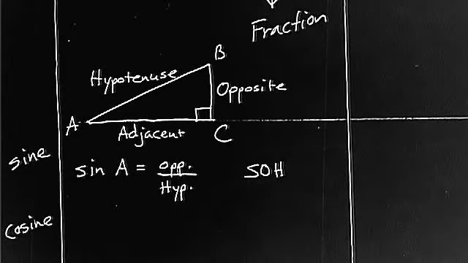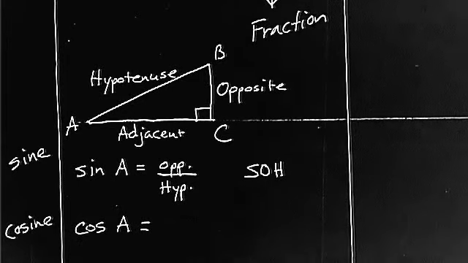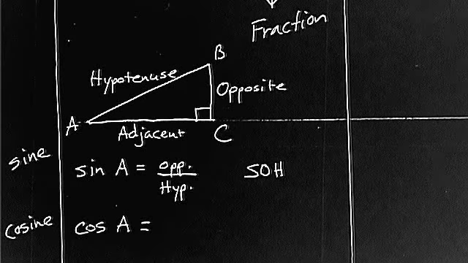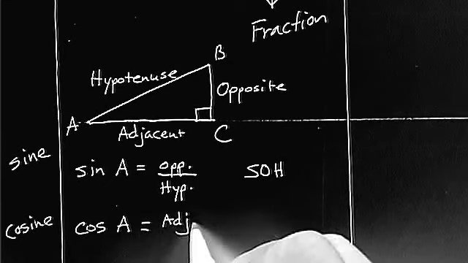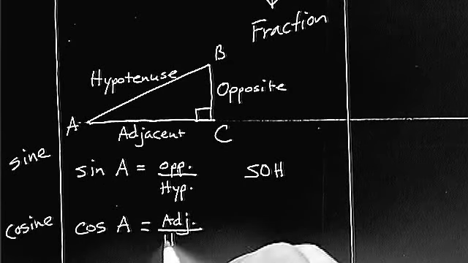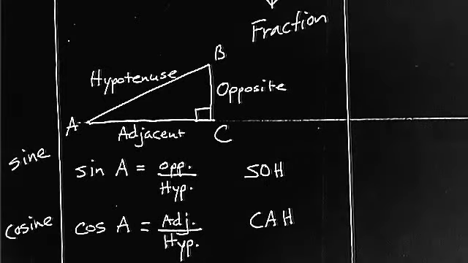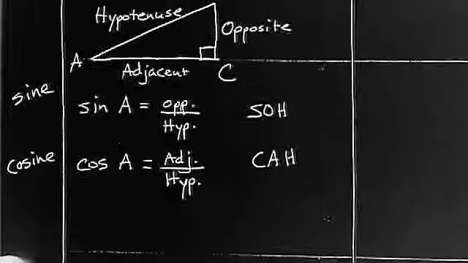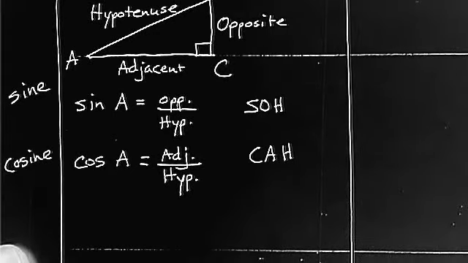That's how it's spelled. And we abbreviate that with COS, the cosine of angle A, and that is the adjacent side divided by the hypotenuse. And so, of course, that's how we're going to abbreviate that, CAH. Cosine is adjacent over hypotenuse.